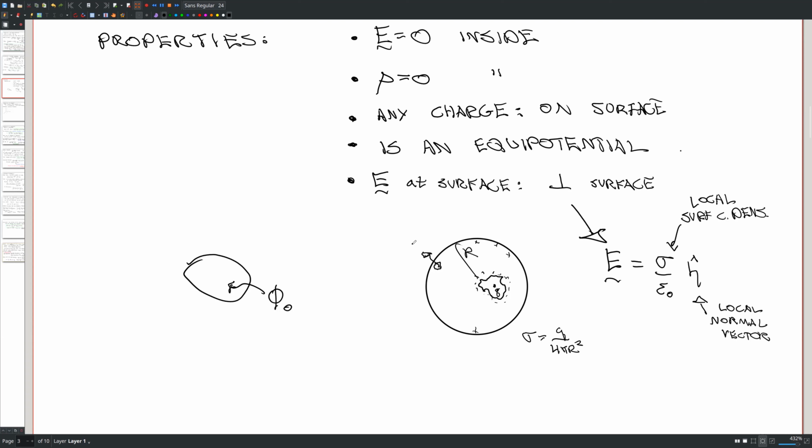Therefore, the field at any point here is directed outwards in the radial direction if I adopt spherical coordinates centered on the sphere. And the intensity of the field is just going to be q over 4 pi epsilon 0 r squared, okay, so we would expect.